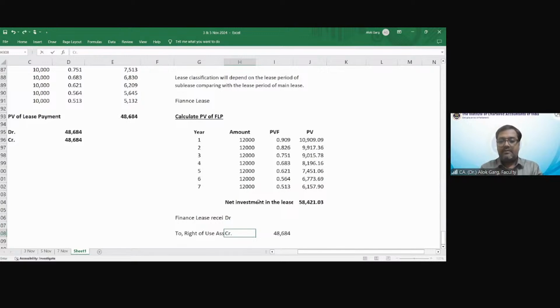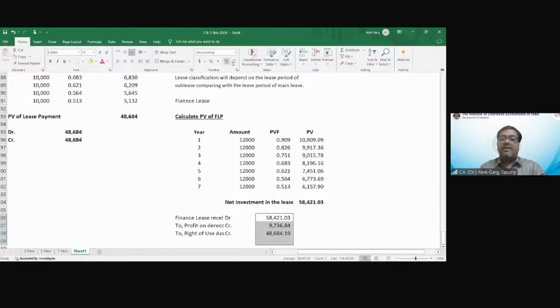Credit 58,421. Now where will the difference go? To profit on derecognition, credit. This minus this. This is the accounting.